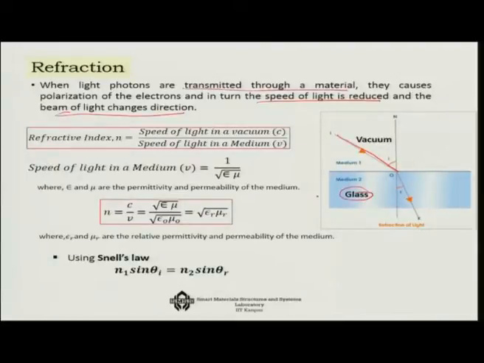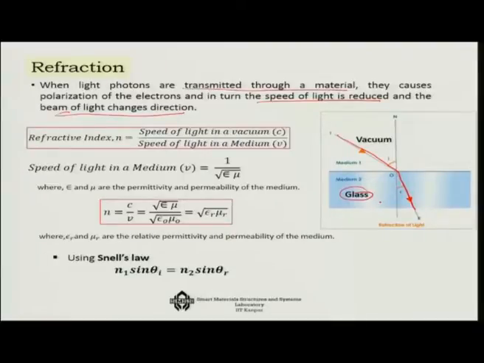Suppose it is coming into glass. Okay. So, the moment it is coming inside the system, there is a polarization and the speed of light will get changed, and as a result, it will not be able to progress in the same direction, but it is going to get changed.